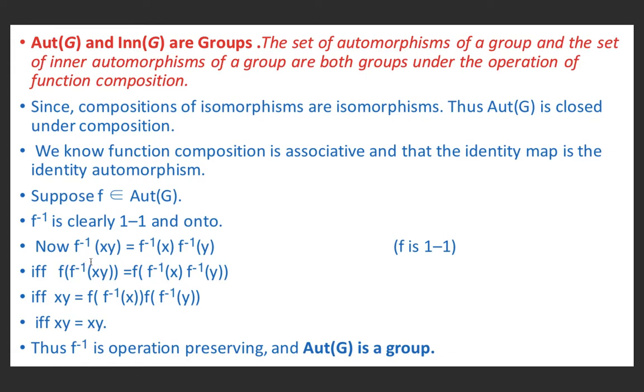Now, F inverse of xy is equal to F inverse of x times F inverse of y, because F inverse is also an automorphism. It preserves the group operation.